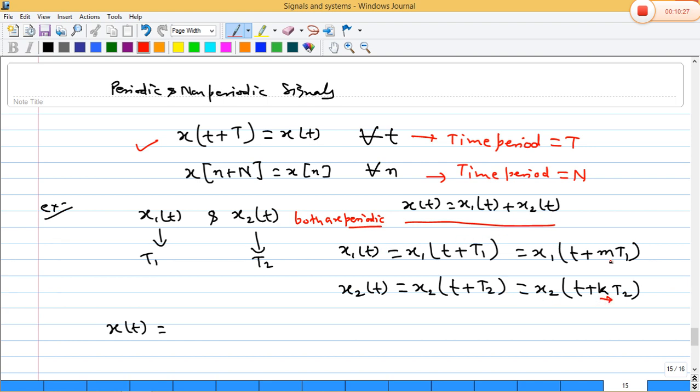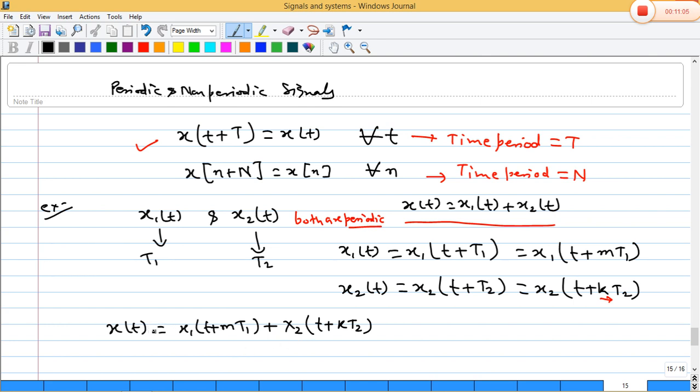Suppose m is 1, then k may be 2, 3, 4 or anything, a positive integer. Now x(t) becomes x1 of t plus m T1 plus x2 of t plus k T2. So just put the values of x1(t) and x2(t) in this expression and I will get this.